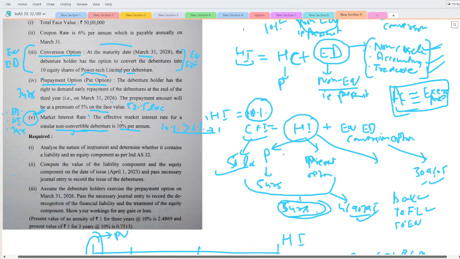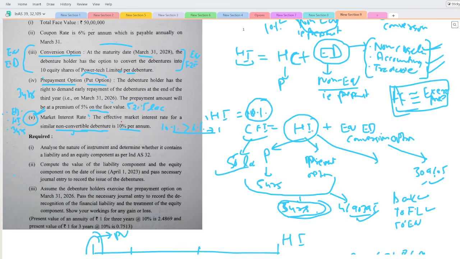Now it is very straightforward. The first point is to analyze the nature of the instrument. It's a compound financial instrument because here you have an equity embedded derivative, that is your conversion option, because it satisfies the fixed-for-fixed test. Now compute the value of the liability component. I've already done it in my running writing, but I will explain it to you.